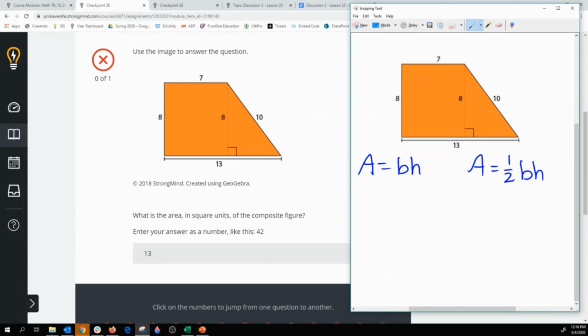So the area of my rectangle, if I look at this part here, it looks like my base is 7. So this 13 on the bottom, these lines tell me that this 13 is the length of this entire bottom section here, meaning that it is covering this small section of my rectangle and my triangle.